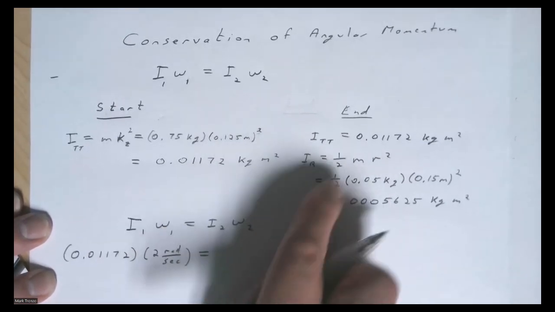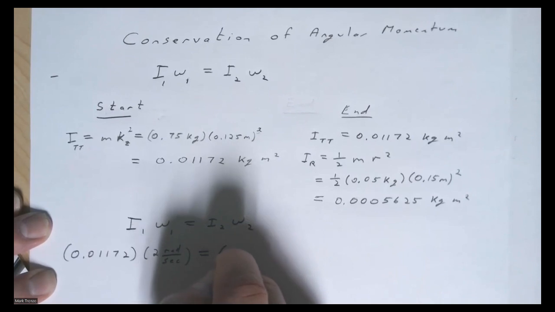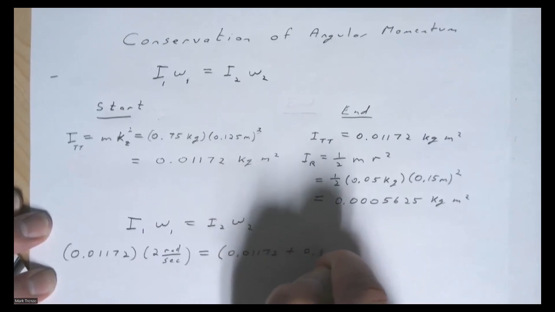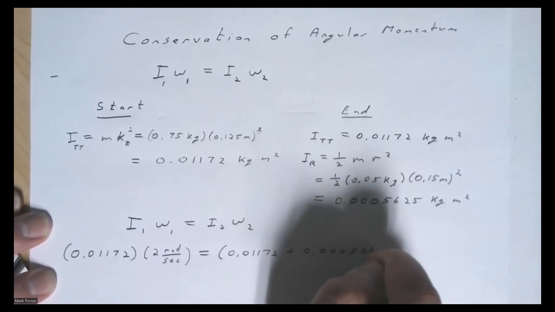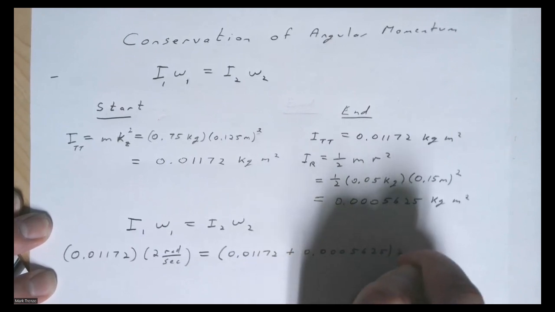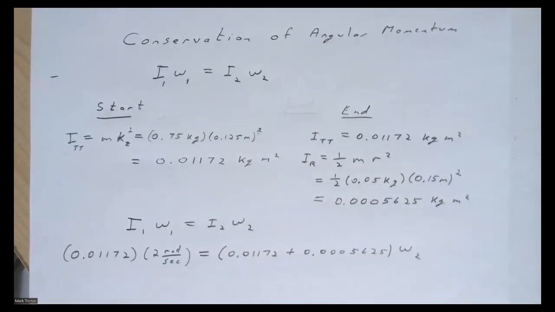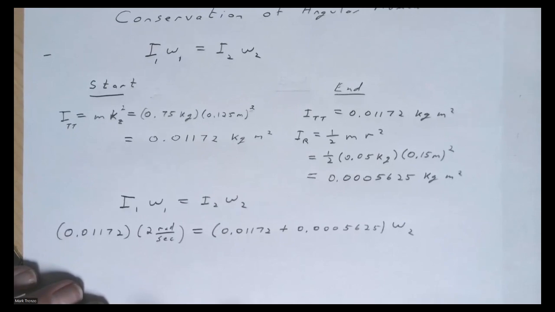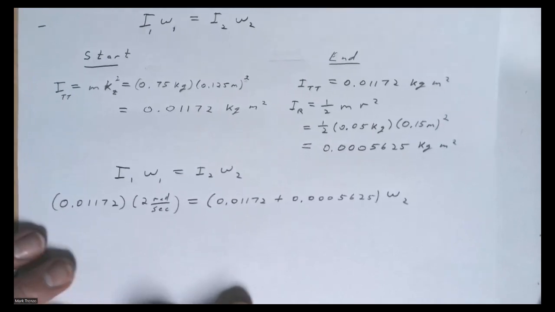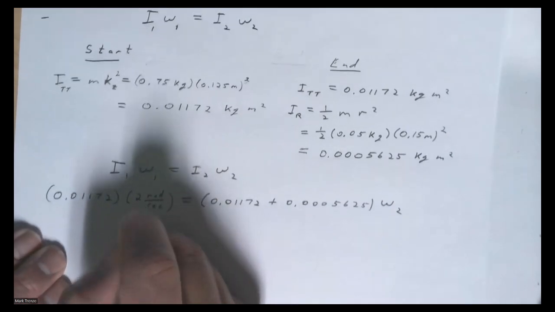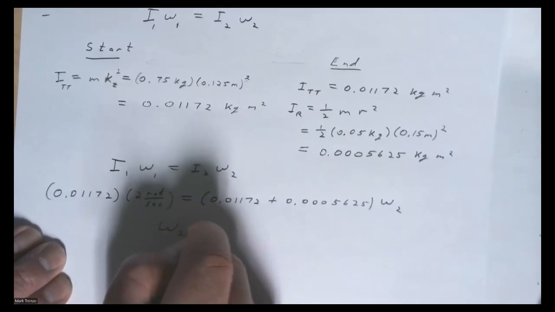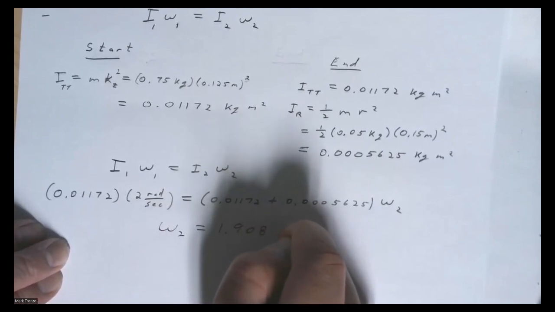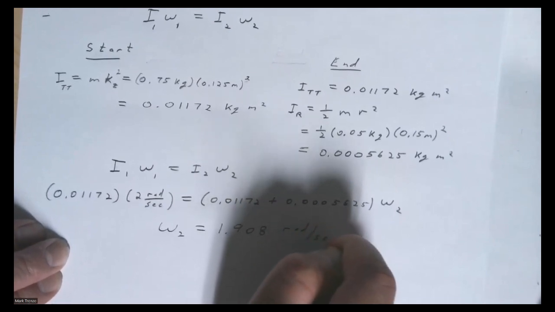And our ending I is going to be the sum of these two, times omega 2. And when you put that all in your calculator, you're going to get omega 2 to be 1.908 radians per second.